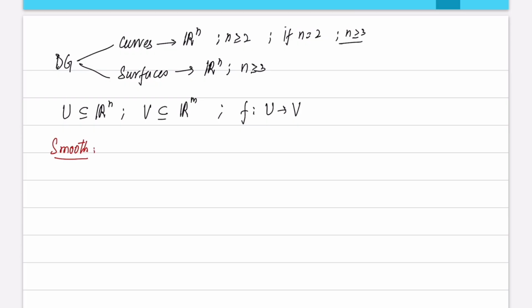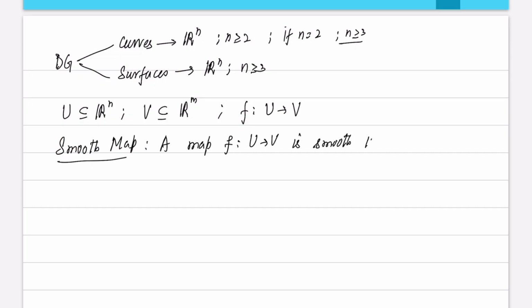Now let's take up our first definition, that is a smooth curve. A map f from U into V is smooth if f is infinitely differentiable.